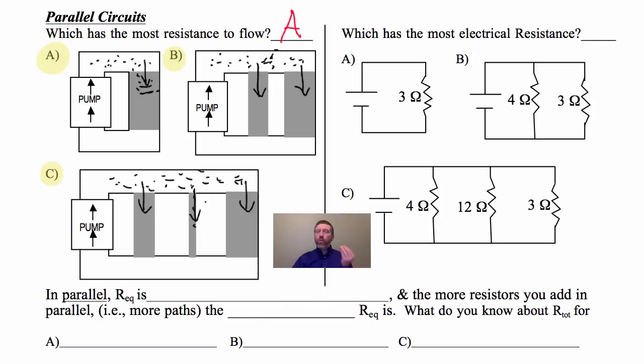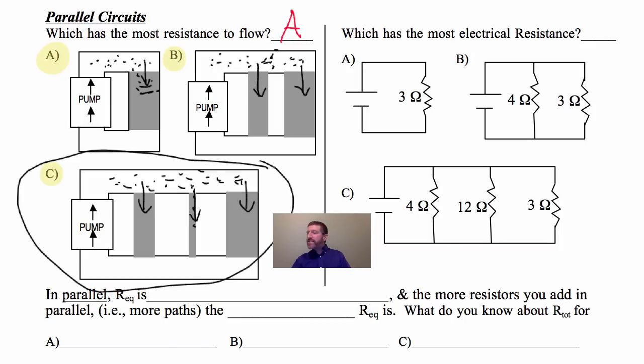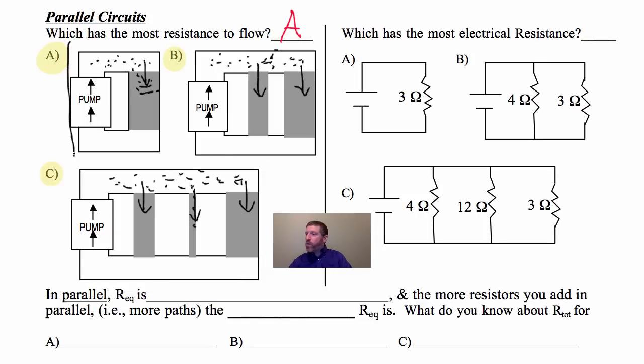So even opening a really tiny opening will still be overall less resistance because you're just making more space. This one has the most space to get out, so that's the lowest resistance. This one has the least opening to get out, so that's actually the most resistance to that flow.